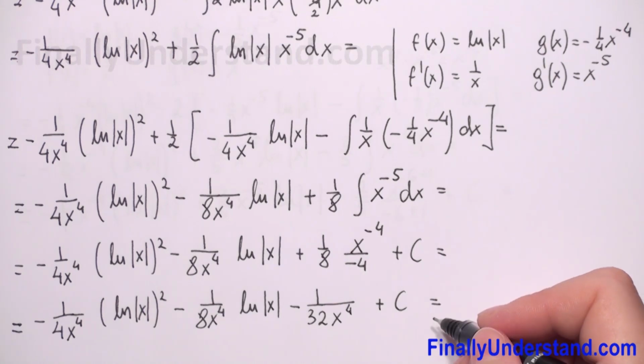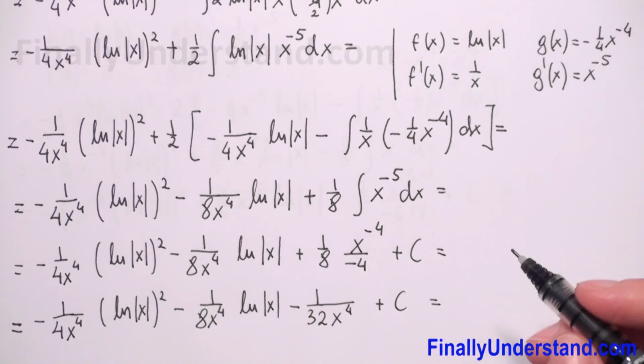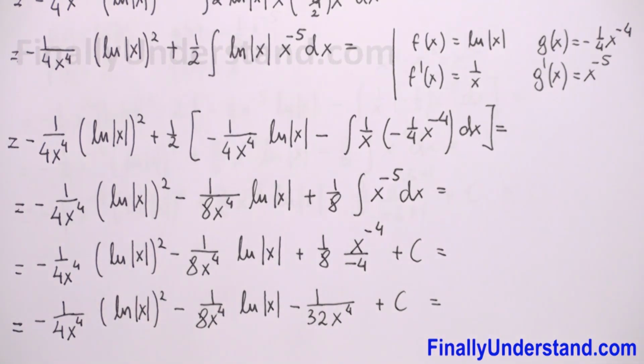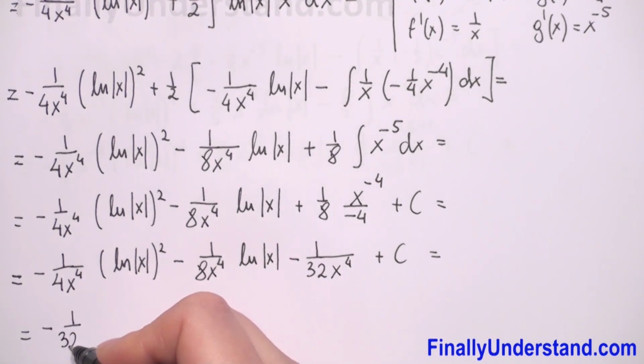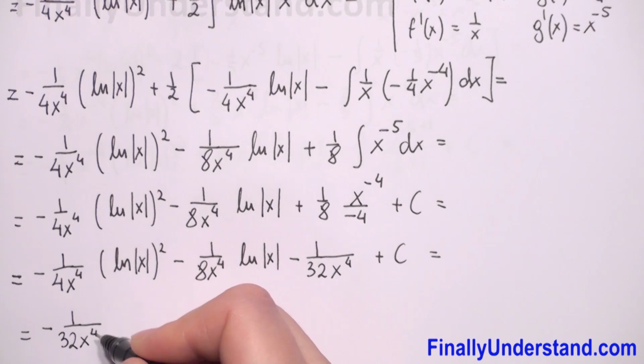So this is equal. We can factorize negative 1 over 32x to the 4th power.